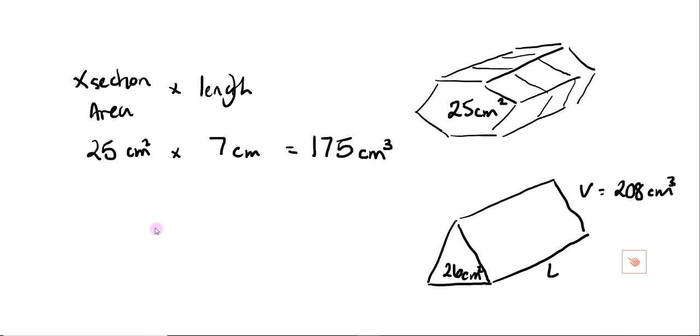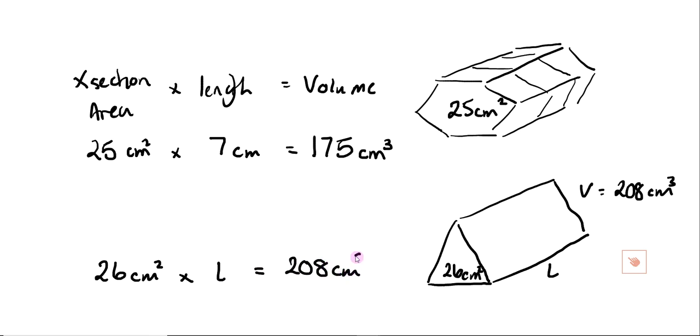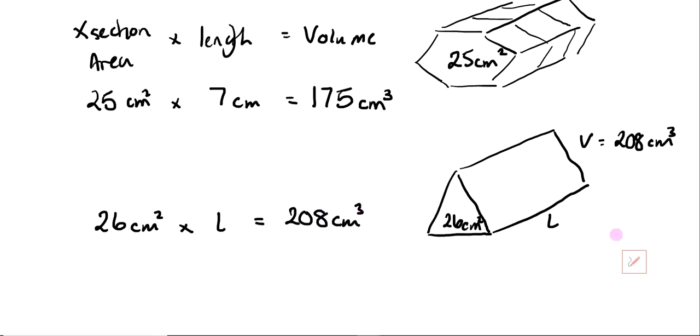So we know that cross-section area times length gives me volume. As in your homework, you follow the steps and put in the information you have. So the cross-sectional area is 26. We want to know length, so we leave that as L, and that equals 208 centimetres cubed. So Makai, what would you do?